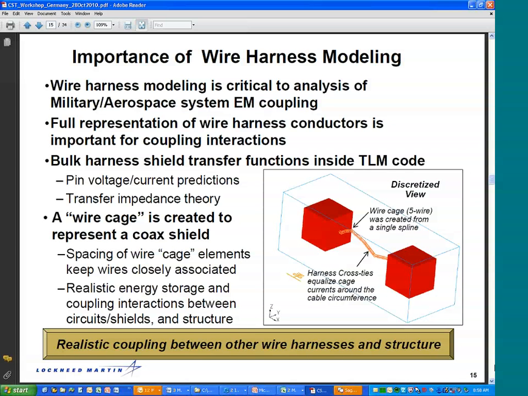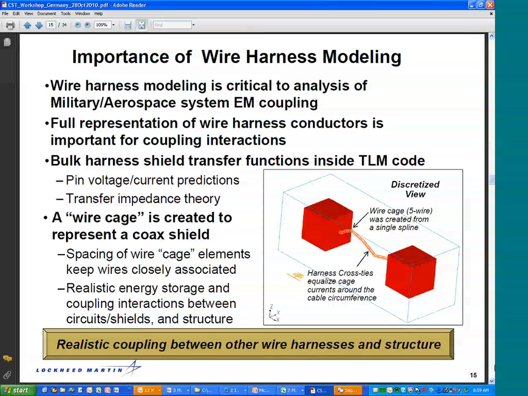And even in higher frequency phenomena, and especially at resonant frequencies, the wire harnesses are not just victims, but are actually involved with the distribution of energy within a cavity and conducting energy from one bay to another.